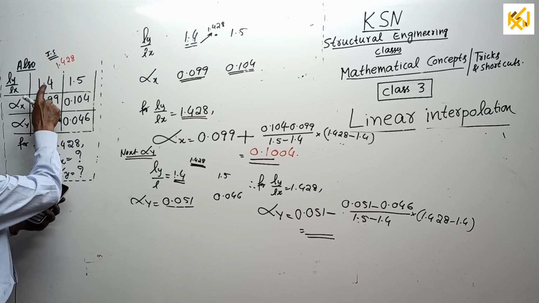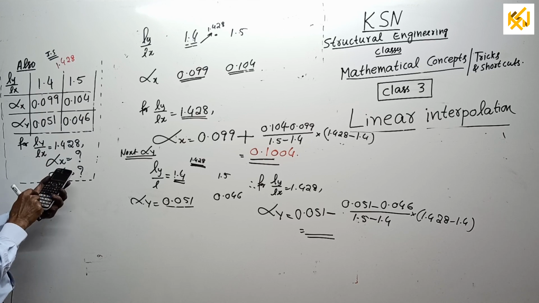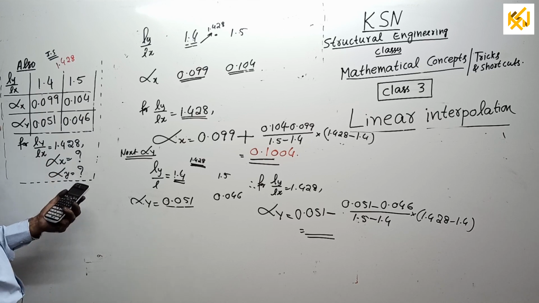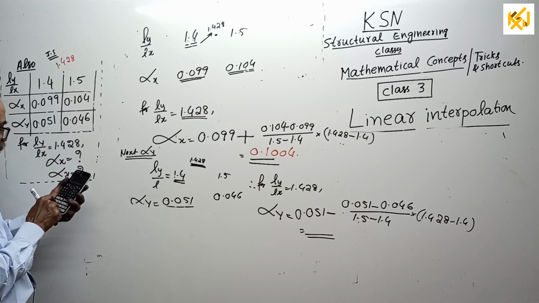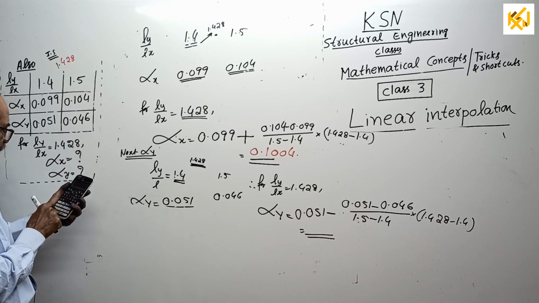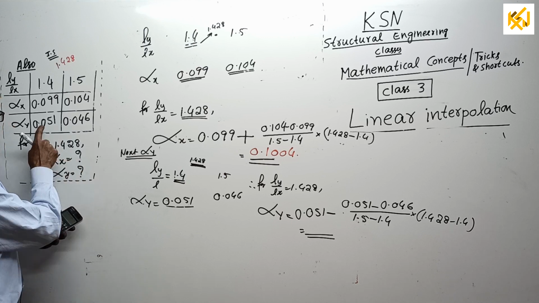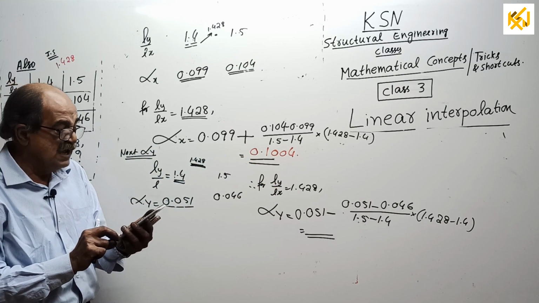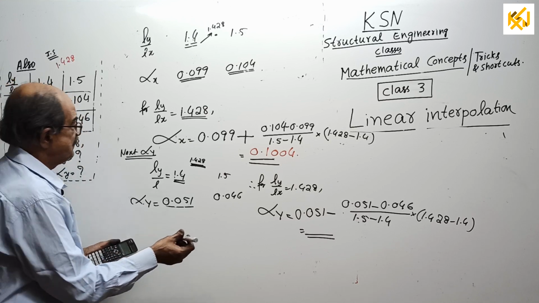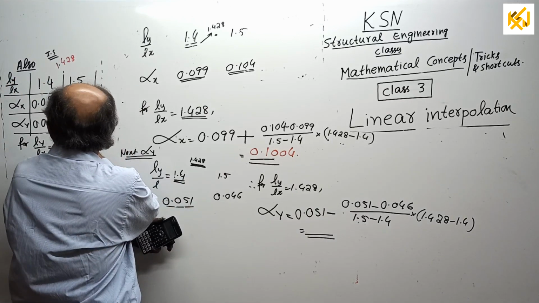Divide by 1.5 minus 1.4, no negative sign. That will give the rate. Multiply with 1.428 minus 1.4. I told you, from 0.051 I am subtracting. I wrote the steps there. Practice that one. Answer will come 0.0496. Yes, correct.